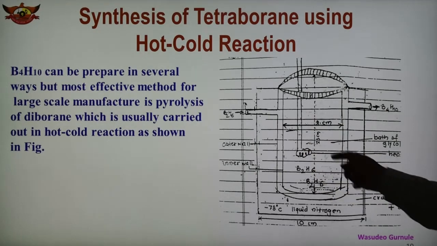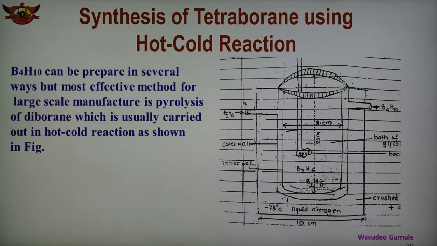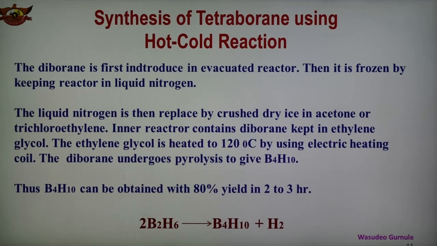We heat, pyrolysis of this diborane takes place, and we get the product B4H10 from this outlet. After that diborane undergoes pyrolysis and gives B4H10, that is tetraborane 10.